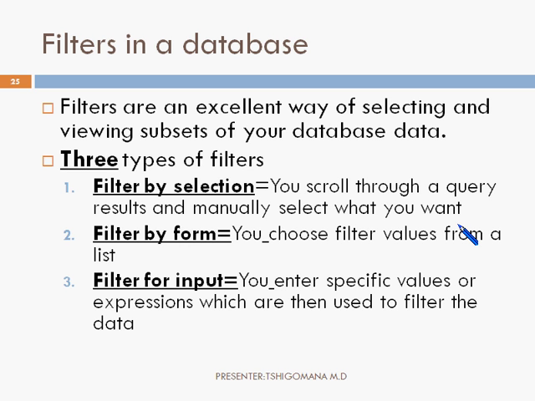Now how do you do that? In order to filter by selection, you scroll through the query results and manually select what you want. To filter by form, you choose the filter values from a list. To filter by input, you enter specific values or expressions which are then used to filter the data.